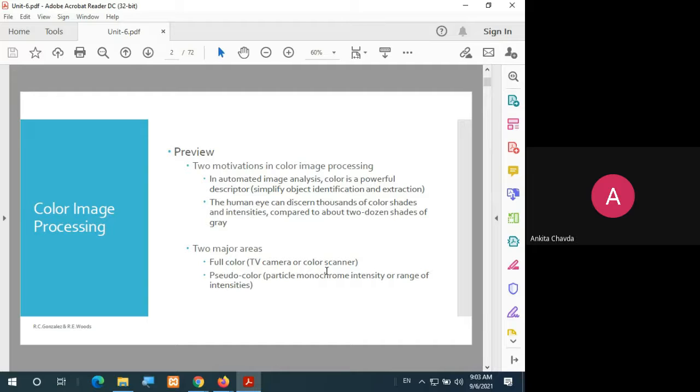Do you remember when we had color TVs initially, they were able to show only a few colors? They were not using this full model, obviously. But nowadays, the thing is different, right? And pseudo color means they are having just a few colors, a range of intensities.